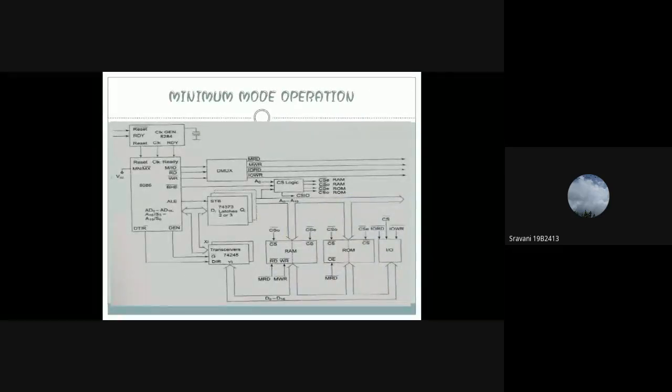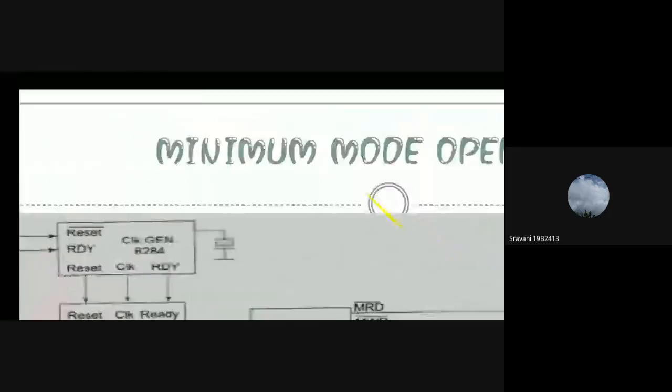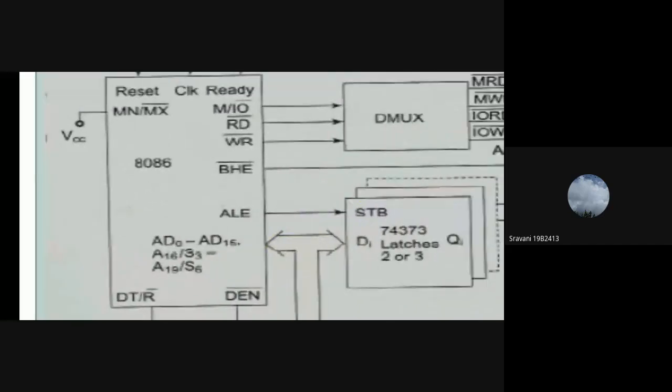On this screen, you can observe the minimum mode operation interfacing of the microprocessor. The block visible on the left side of the screen is your 8086 microprocessor.